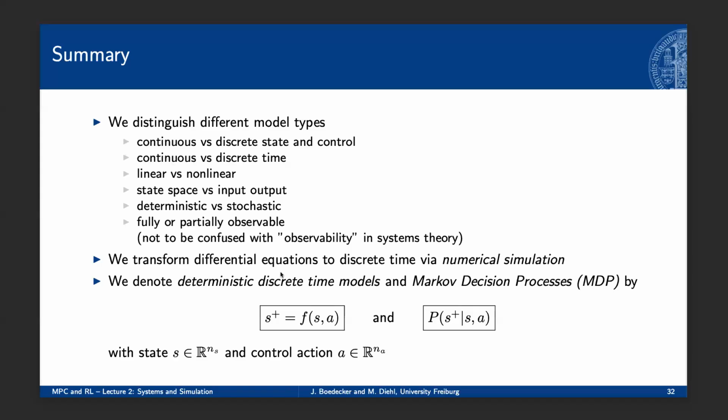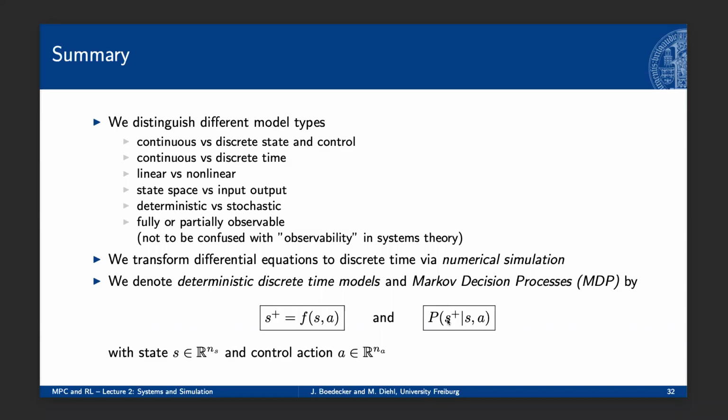So I said already that we can use numerical simulation, and I've shown this one slide on the Runge-Kutta method. Please remember that. Take your tableau, and then you know how to simulate, right? And in the sequel, we will use these two notations. For deterministic systems, I like this s plus equals f of s and a. Yeah? And for MDPs, we will very often use this more probabilistic point of view, that s plus is somehow conditioned on the s and on the a.